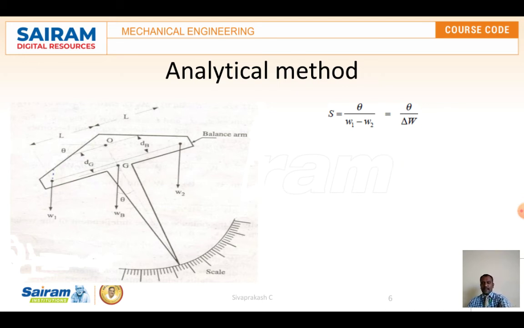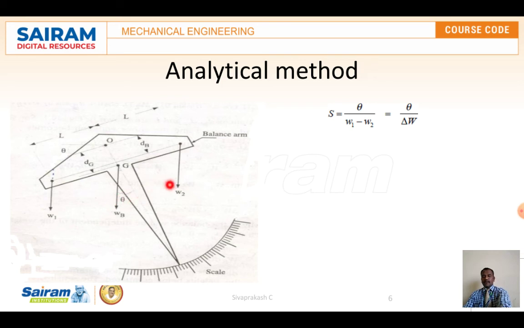Now see the construction. The arm is fixed at the point O, and it is going to rotate about the point O. From the point O to the weights W1 and W2, the vertical distance is dB, and the horizontal distance from point O to W1 and from point O to W2 is fixed as L. After fixing this, the angle between the pointer and the vertical is theta.